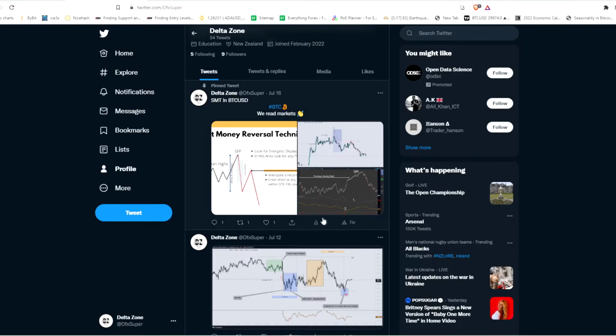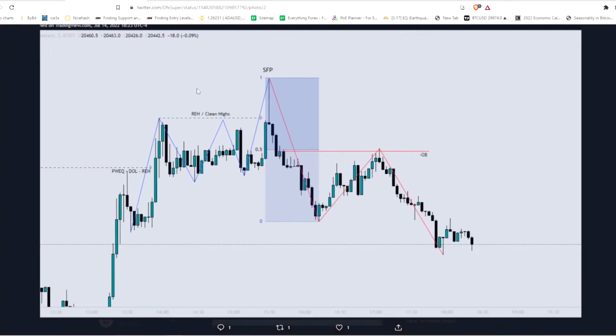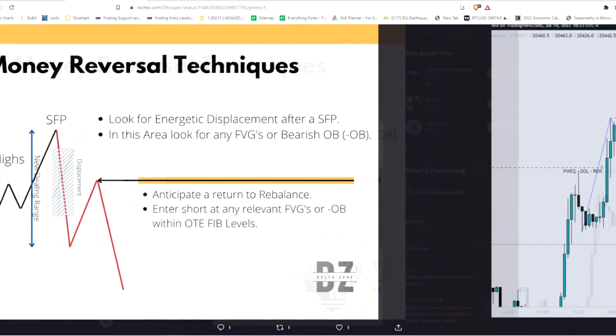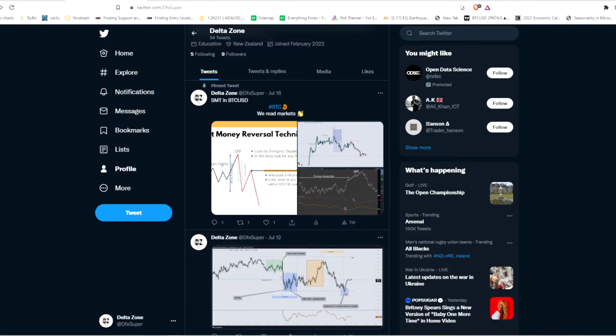If you follow me over on Twitter, you'll know I was discussing this pattern. So here it is, and I detail the logic behind why this works. If you want to have a look at that, you can go to my Twitter and check that out.